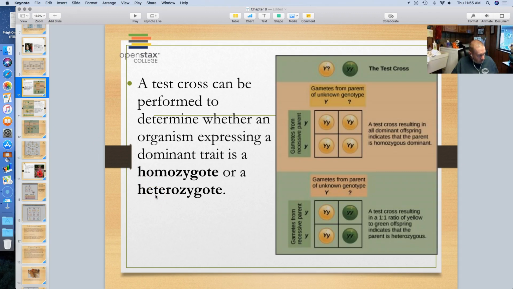A couple other terminology to point out here is performing a test cross. If we have, for example, parents, and we know what they look like, right? We know what their phenotype is. Again, I can see, well, this is a plant that produces yellow peas. Here's a plant that produces green peas.